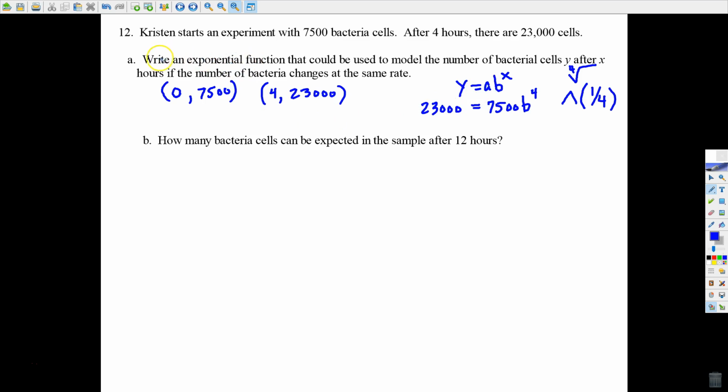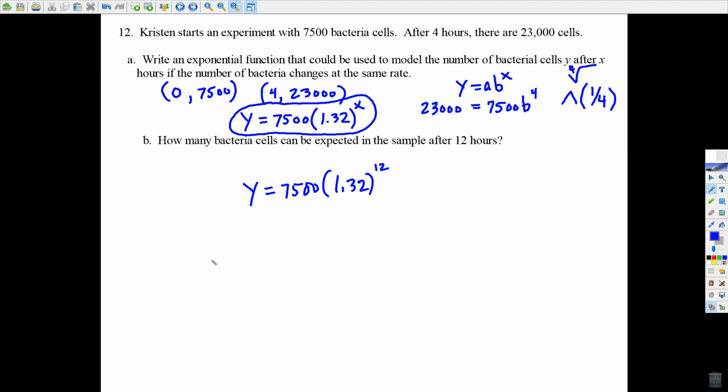So my answer for the exponential function, which is part A, is y equals the initial value, 7,500, times 1.32 raised to the x power. And that's my answer for 12a. For 12b, I will need to use this function, and x stands for, again, a number of hours that have passed. I'm just going to let x become 12. So it looks like this.